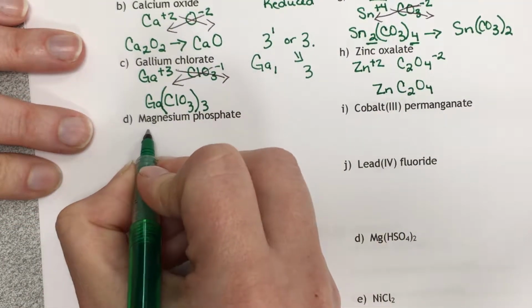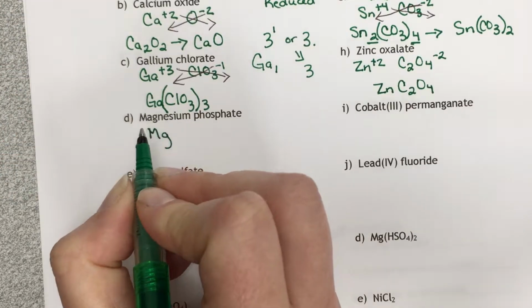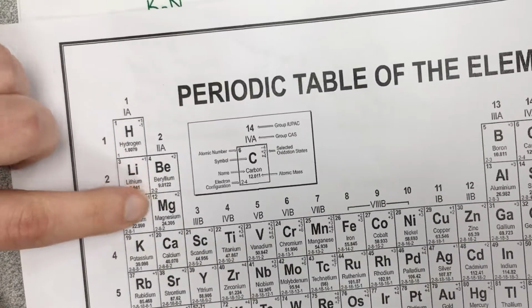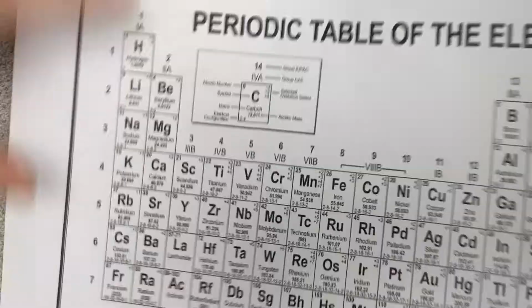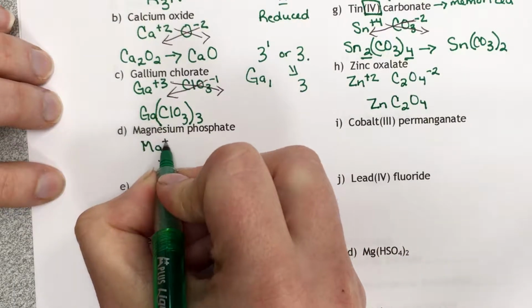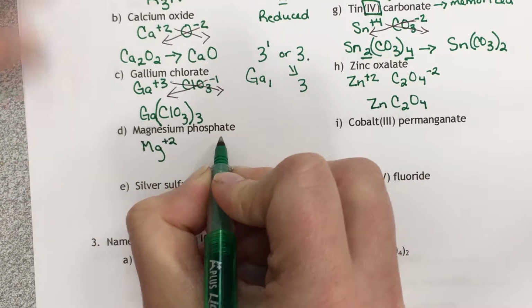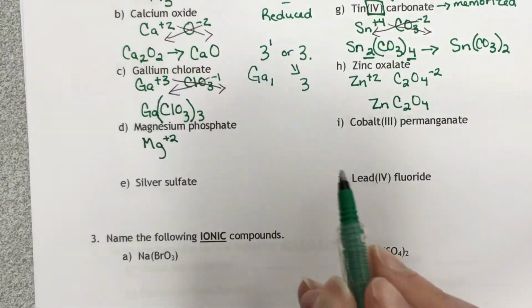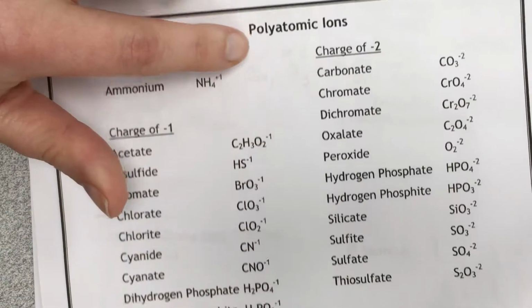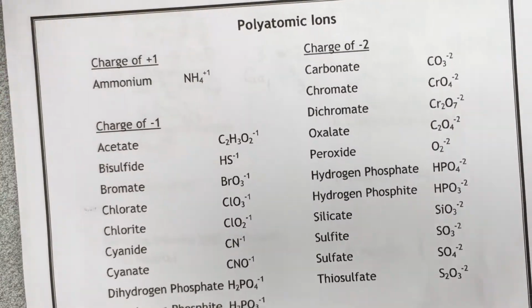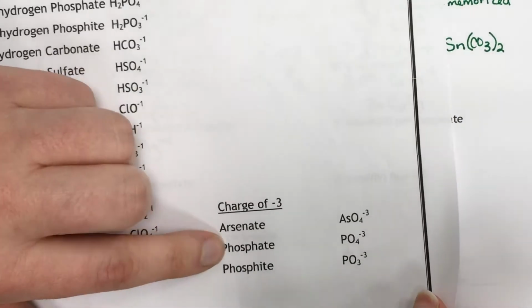Moving on, magnesium phosphate. So we have magnesium, that's on the periodic table. Okay, it's in group 2. Okay, so that's a +2 charge. So magnesium +2, phosphate. If it was phosphide, we would find it here, but it's not phosphide. It's actually on the polyatomic ions list, and it's one you probably should have memorized by now.